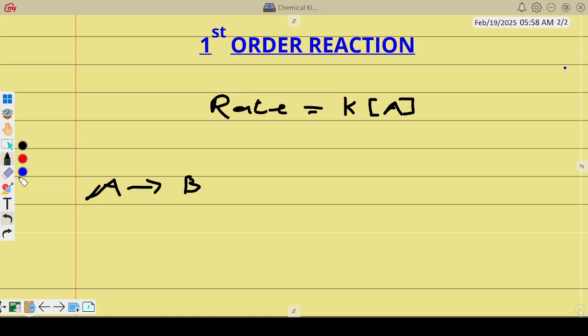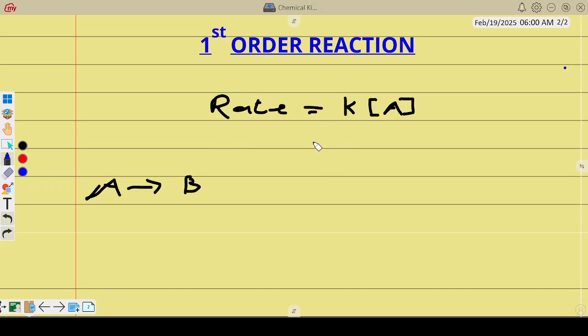What I want to highlight here is that if we have a first order reaction, it means in the rate law the power is 1. This is the rate law of a first order reaction, the general thing. And then we can quickly have an overview of the second order reaction.